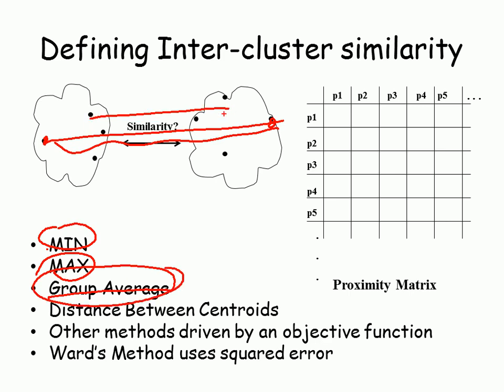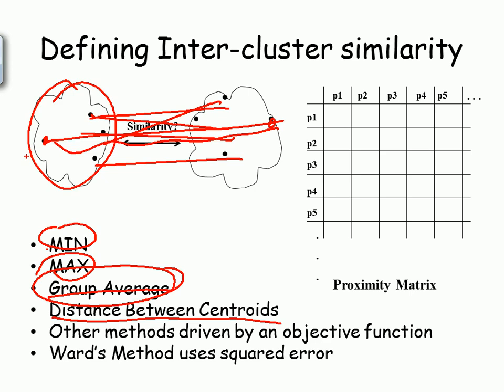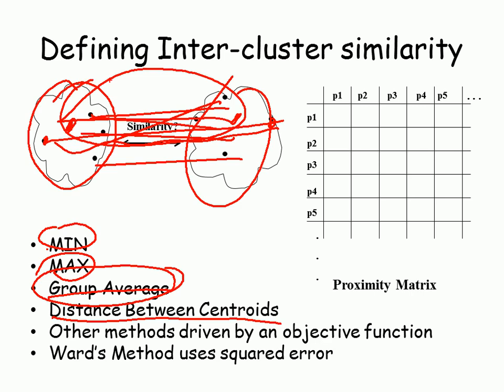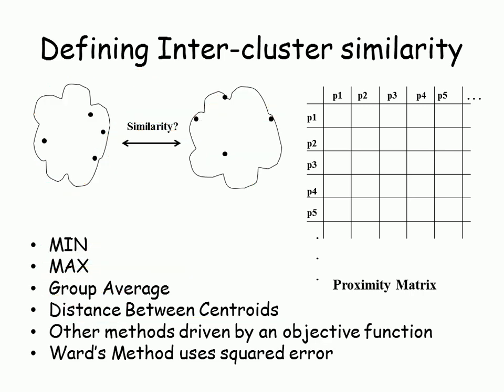You find all pairs of distances between the two clusters, and then you take the average of all those distances. You could find the distance between centroids, where you find the centroid of this group and the centroid of that group, and you calculate the distance between those two points. Okay. There are also other methods that you could use to generate that new matrix.